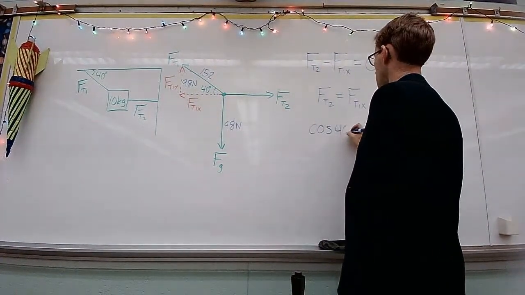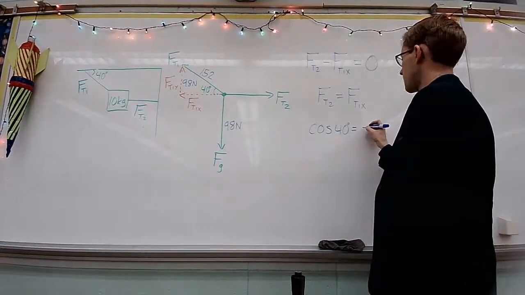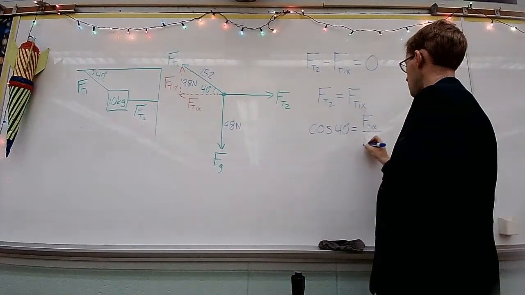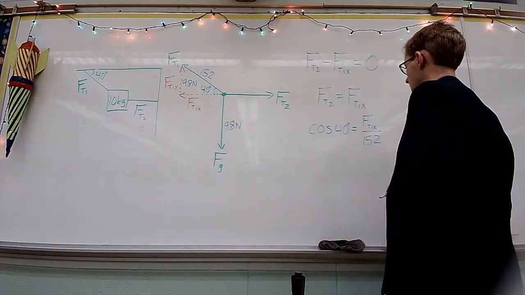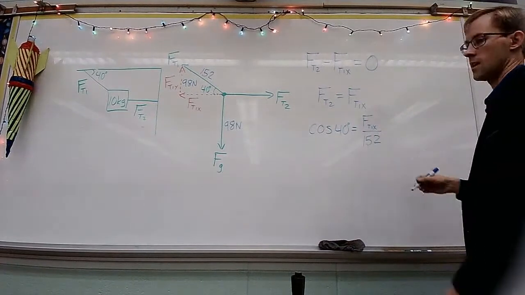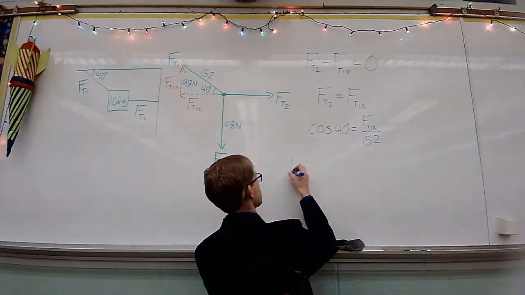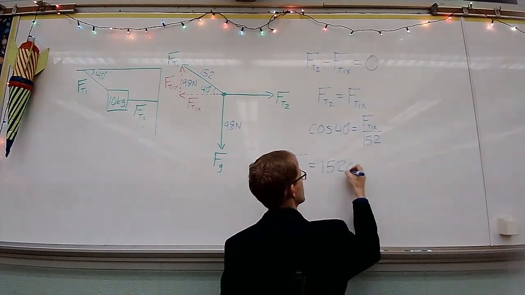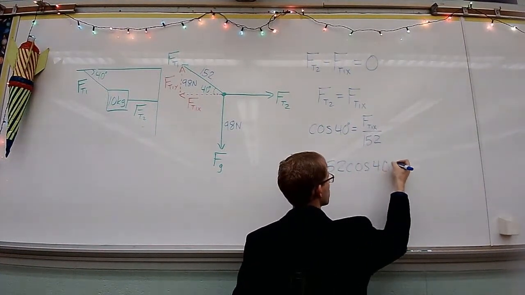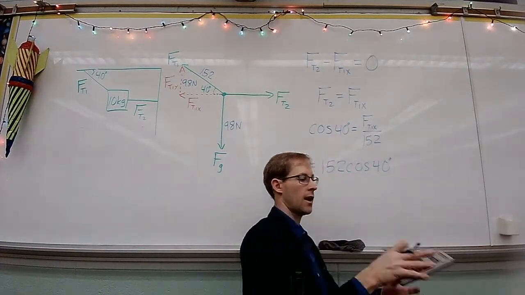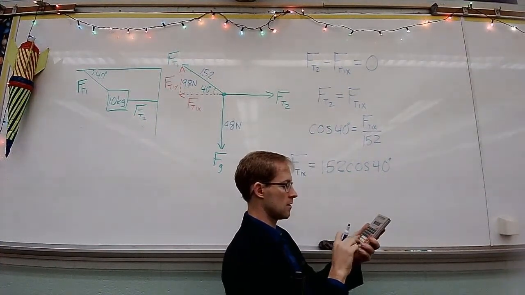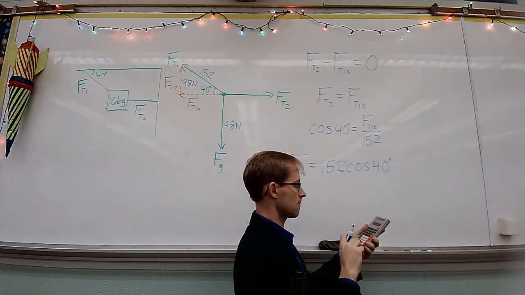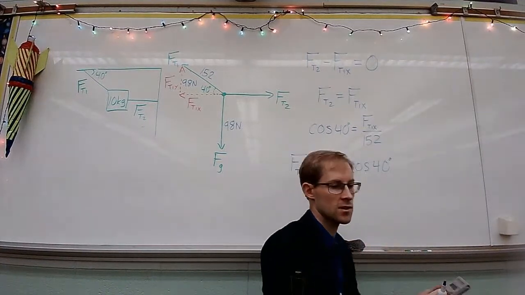So cosine of 40 is equal to adjacent, which is FT1X, over hypotenuse, which is 152, and therefore tension 1 in the x direction is equal to 152 times the cosine of 40 degrees. And when you do a little bit of multiplication, I got 116.